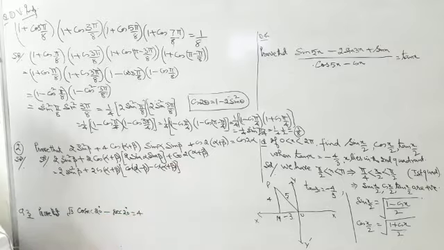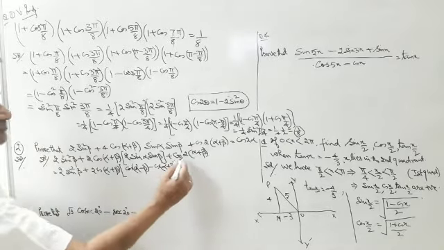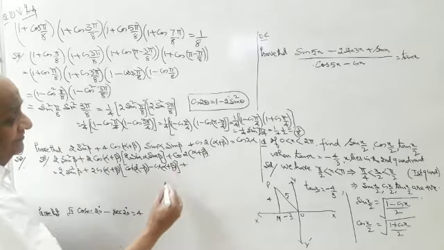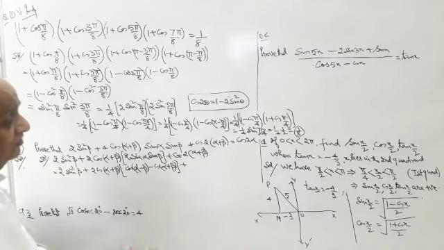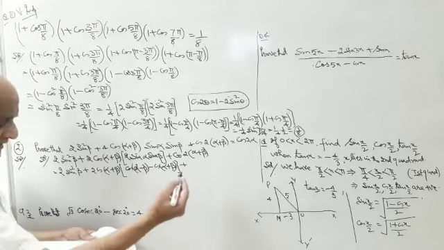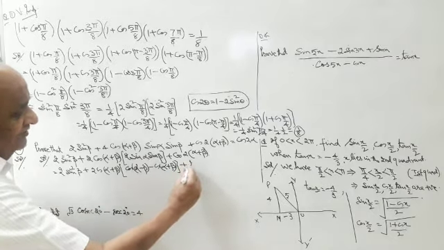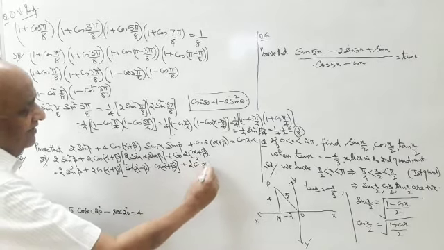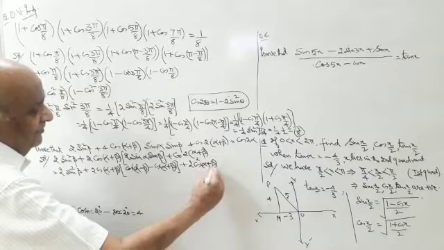Check out. And here it is cos 2A. In this case, we have 2 cos of 2 alpha plus beta. Please verify this. Cos 2 alpha plus beta.